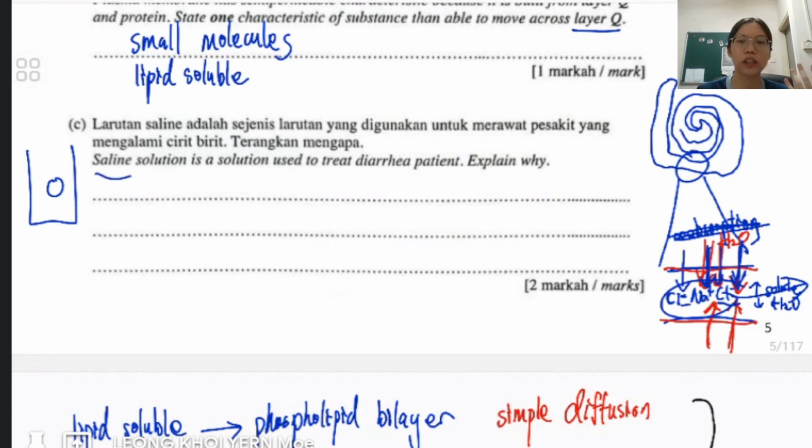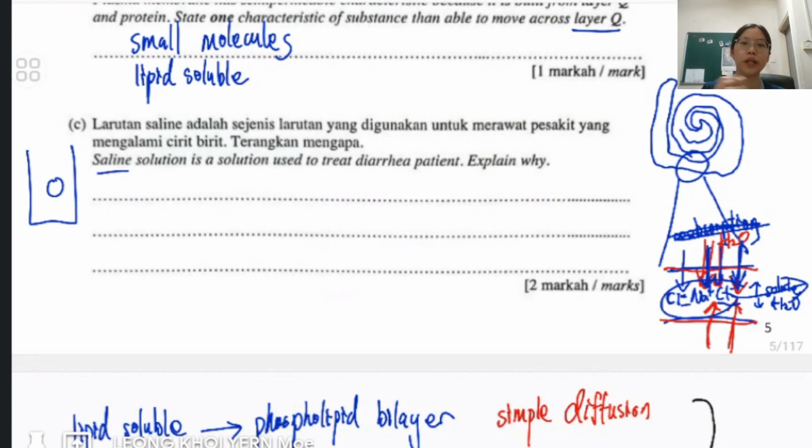So saline solution is kept in an ideal situation where your red blood cell is in an isotonic solution. So it won't burst, it just retains its shape. So yeah, that's the reason why you have to use saline solution.